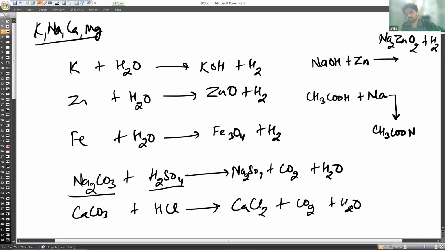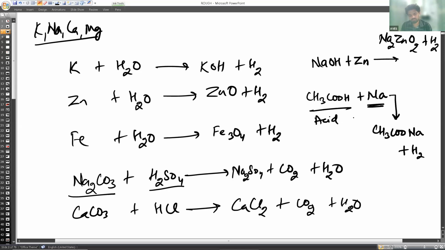This one, CH3COOH plus Na. This is an acid and this is a metal. Got it? That is CH3COONa.